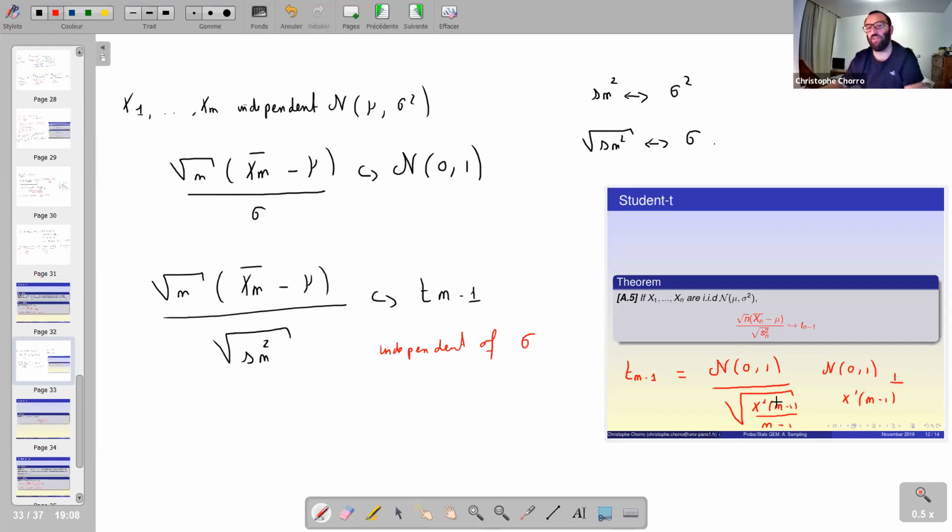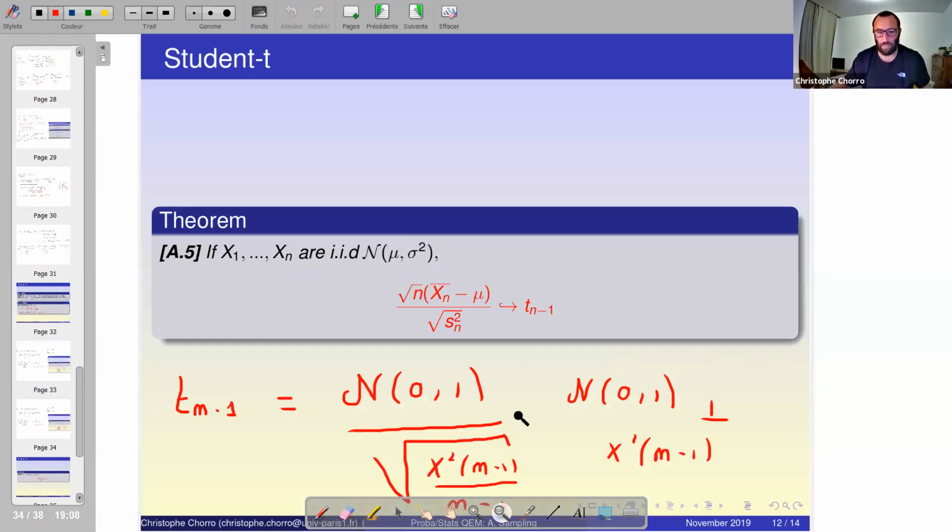It's the way to define a student distribution.